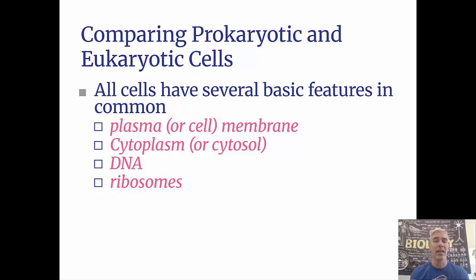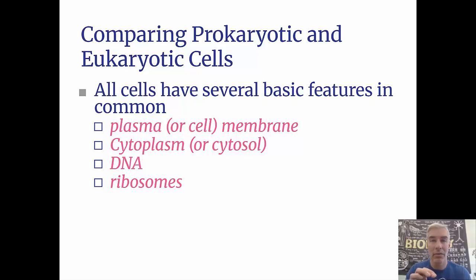So, as I said, all cells have some features in common. So these are the things that prokaryotes have. They have a plasma or cell membrane. Those are synonyms of each other on the outside. It's semi-permeable. There's a cytoplasm within it, or cytosol you'll hear as well. Again, synonyms for all intents and purposes. You have DNA.